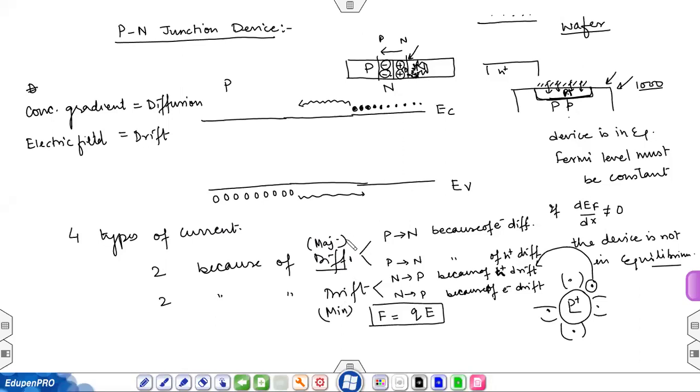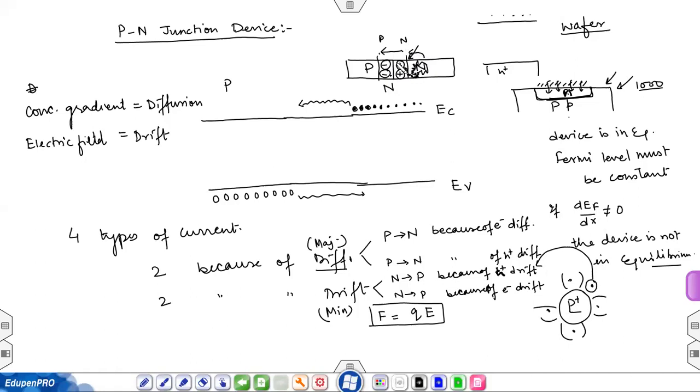The majority charge carriers were diffusing and started building the electric field, and this electric field stops the movement of these majority charge carriers because the field direction is N to P. So as soon as any electron, which is the majority charge carrier, wants to cross from N to P, it will not be able to cross because this electric field creates a force in the opposite direction.